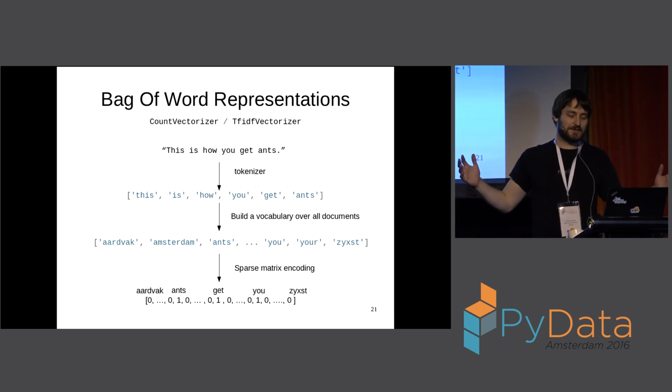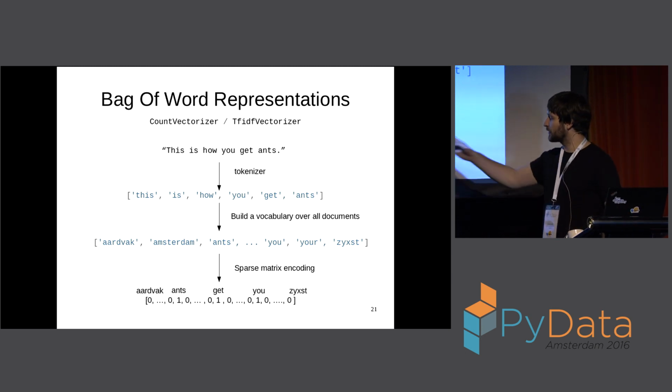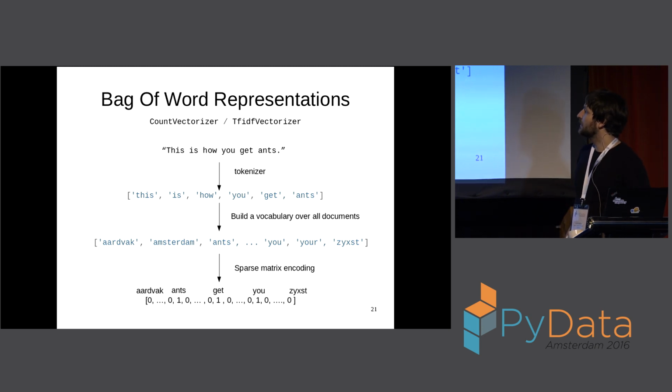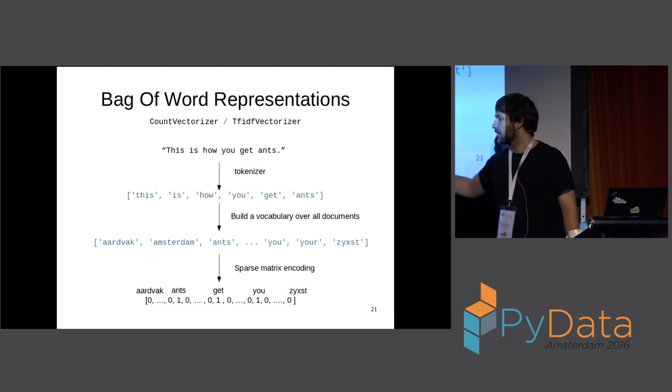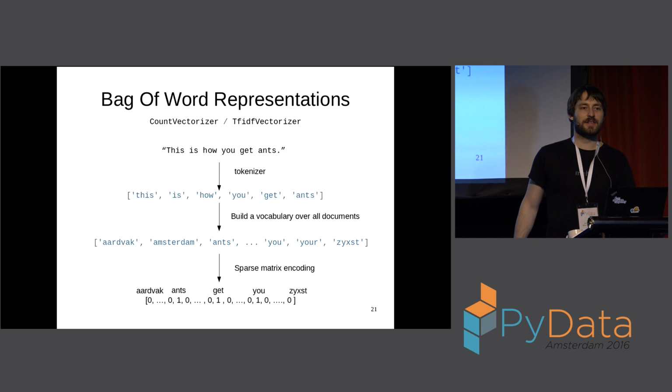Because we don't want to store all these zeros, we use a sparse matrix representation to only store the non-zero entries. And now we have a fixed length vector representation of integers. Most of them are 0, and we can use machine learning on these. Questions on that?